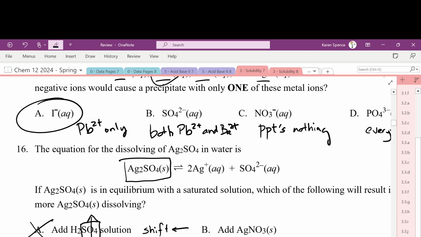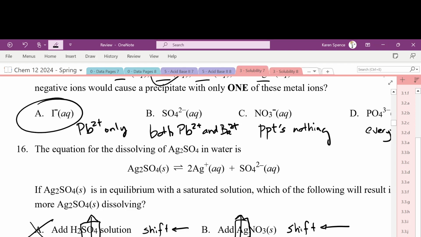Adding silver nitrate is going to cause our silver ion concentration to increase, which will cause it to shift to the left. Add chloride, which, they were so nice to tell you that, which precipitates silver chloride.